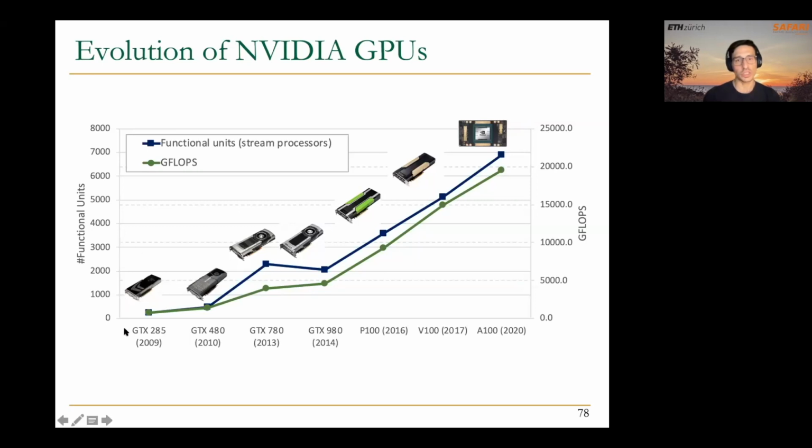Even this GTX 285 from 2009 belongs to that G80 architecture. After that, we had successive architectures: Fermi, Maxwell, Pascal, Volta, Turing, and the most recent, Ampere. And you see the evolution of these GPUs over the years in this plot.